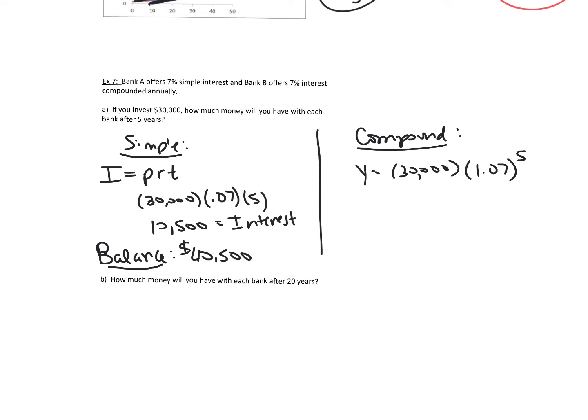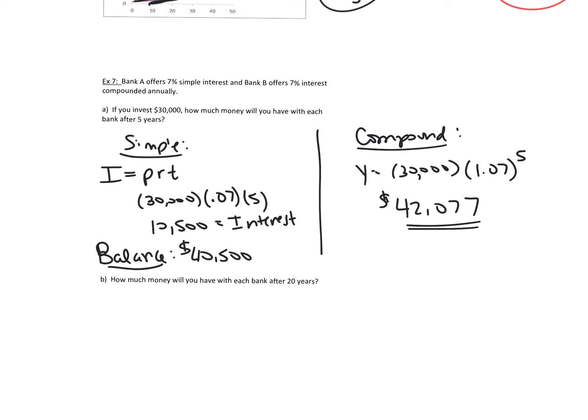So if I put this in my calculator, 30,000 times 1.07 to the 5th power, I have $42,076 approximately. Well, 77 because the next one's a 5. So if I round it to the nearest whole. And this includes your 30,000.